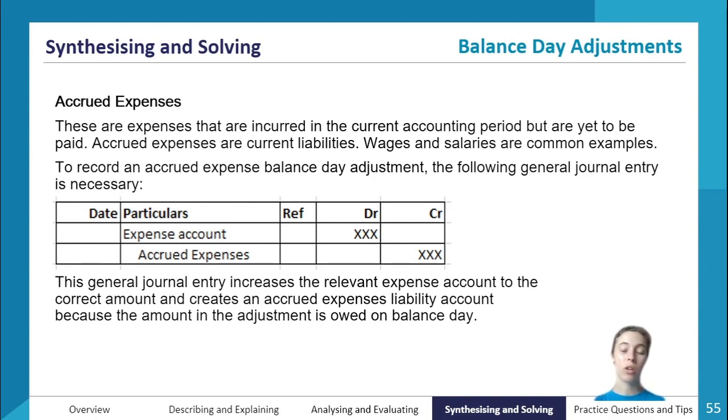This general journal entry is going to increase the expense account to the correct amount, and then it's going to create an accrued expenses liability account because the amount of the adjustment is owed on balance day. That accrued expense liability account is then listed in the current liabilities on the statement of financial position.